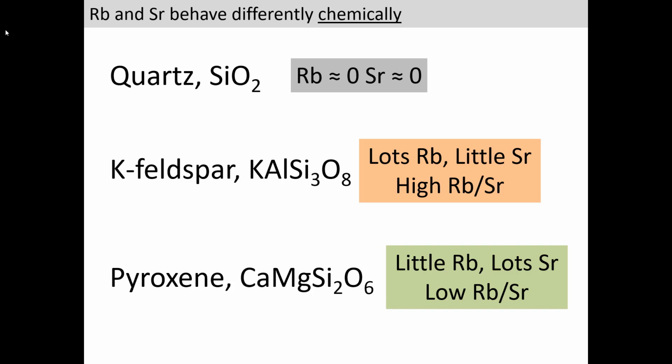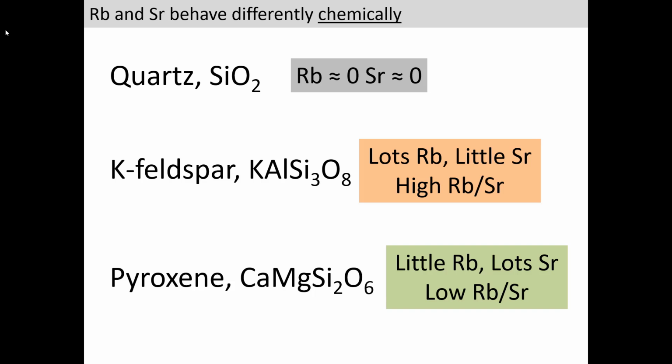K-spar is going to have a lot of rubidium because it can substitute for potassium, but relatively little strontium because it doesn't have calcium in it, and therefore it's going to have a high rubidium-strontium ratio. Pyroxene, because it contains calcium, is going to have a lot of strontium, but not much rubidium because it doesn't contain potassium, and it's going to have a low rubidium-strontium ratio.